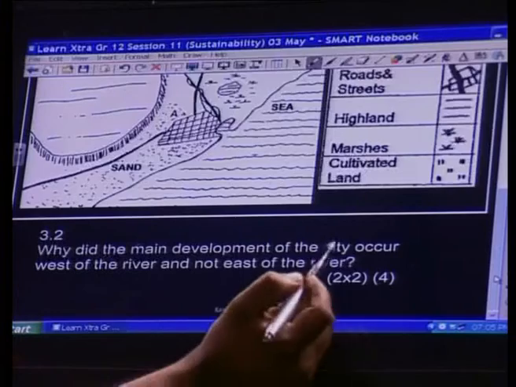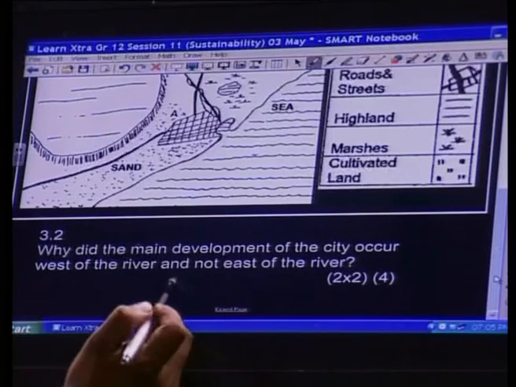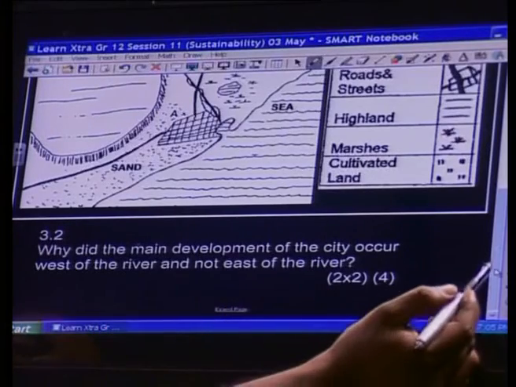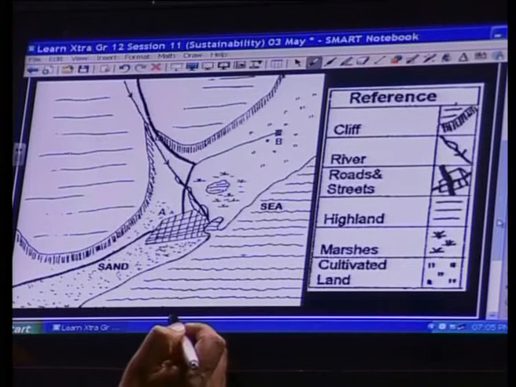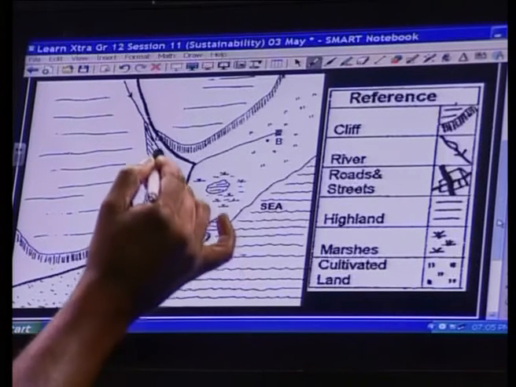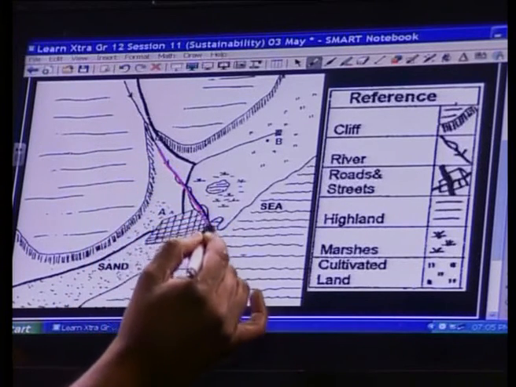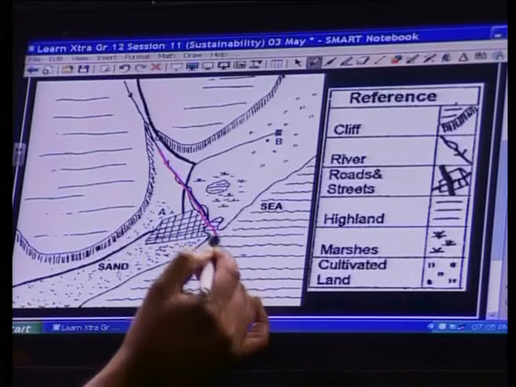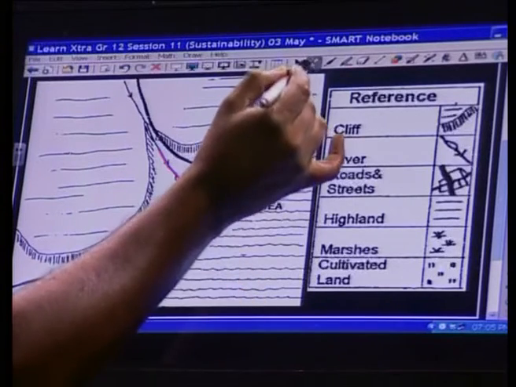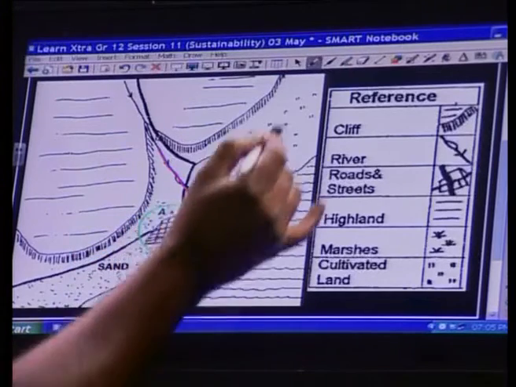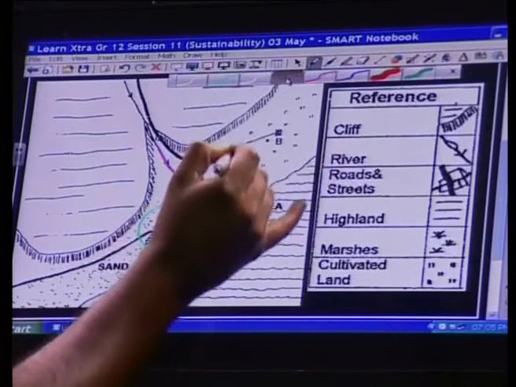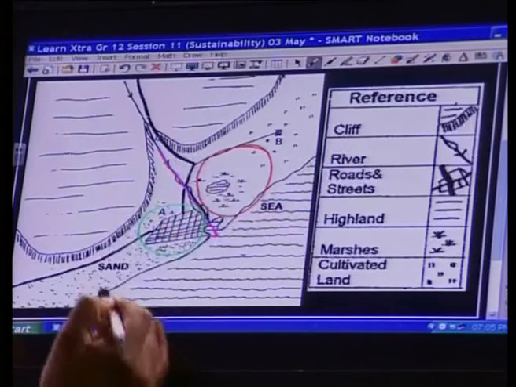Why did the main development of the city occur to the west of the river and not to the east? Again, we look for hints and clues on the diagram and note the following. The river flows down the center into the ocean. The city is located to the west. To the east of the river is this area here.